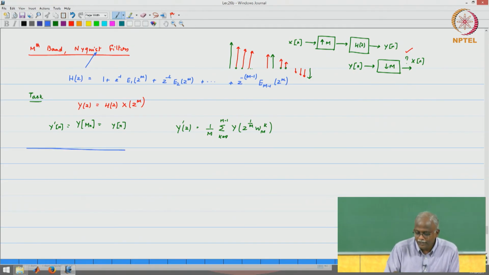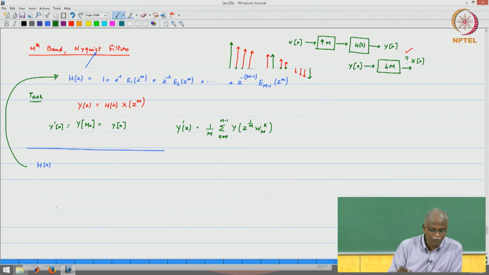So assuming that you have done that exercise, I want you to pay attention to this result. H of z, which is the filter that we have shown here, the filter of that form. Can you tell me what happens if I add shifted versions of this filter?